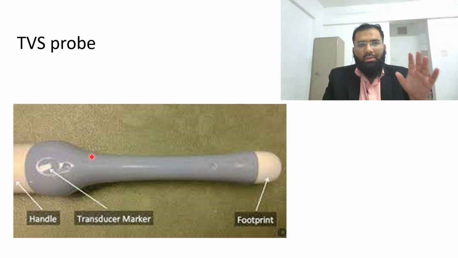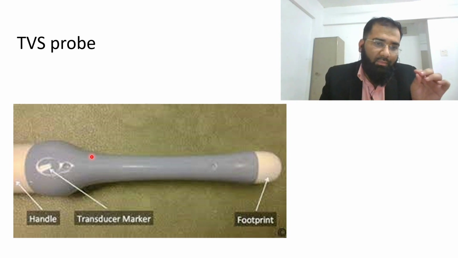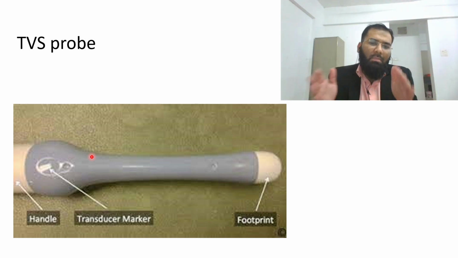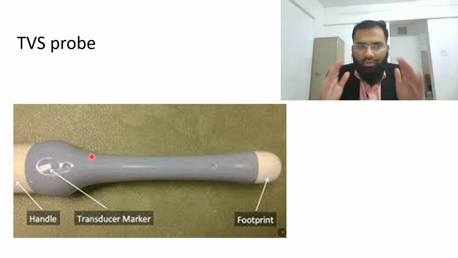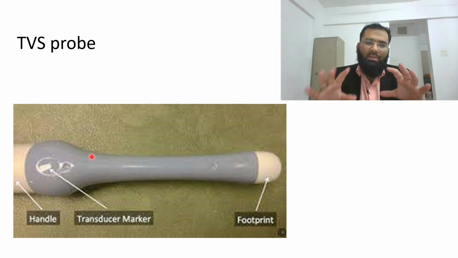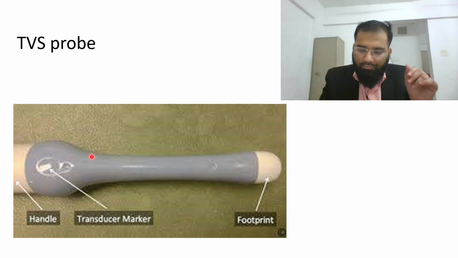But very important, when we are doing the transvaginal examination, we have to take the consent of female and explain to her the entire procedure. If a male sonologist is doing the procedure, it is very important that a female attendant is present during the procedure.